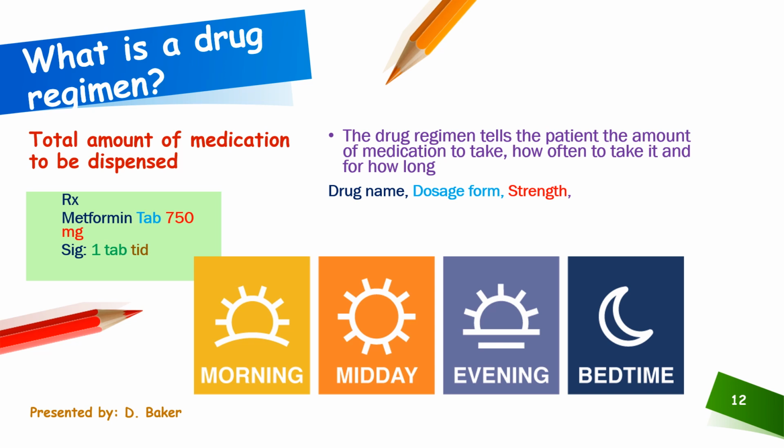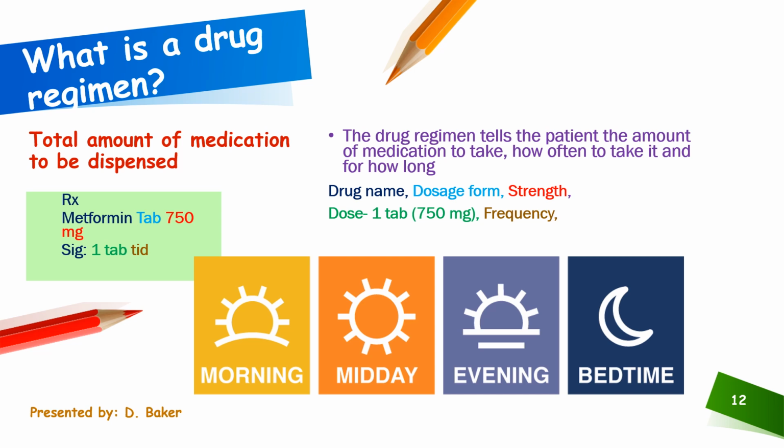Other information that is critical for the drug regimen itself is the instructions to the patient. And in terms of this specific prescription here, again on the left, it says 1 tab TID. And we looked at those abbreviations in the previous content.